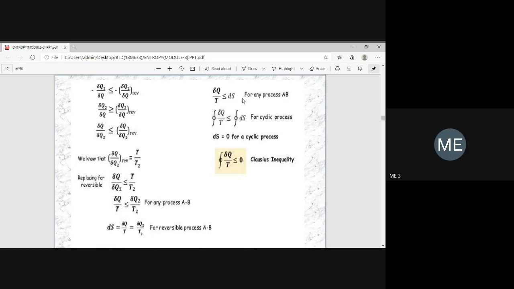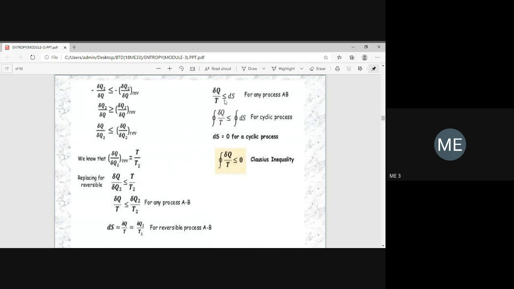Suppose you take a cyclic process, you just have to add the cyclic integral on both sides. That is, the cyclic integral of dq by T is less than or equal to the cyclic integral of ds for a cyclic process. We replace dq2 divided by T2 by ds, because ds equals dq2 divided by T2.